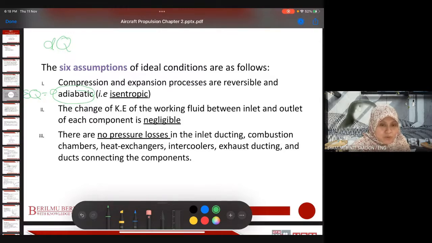When the compression and expansion are reversible and adiabatic at the same time, there are two criteria, and both of these criteria are met, reversible and adiabatic, then it is named isentropic. Or I don't know how you pronounce it. Isentropic is from the second law of thermodynamics.